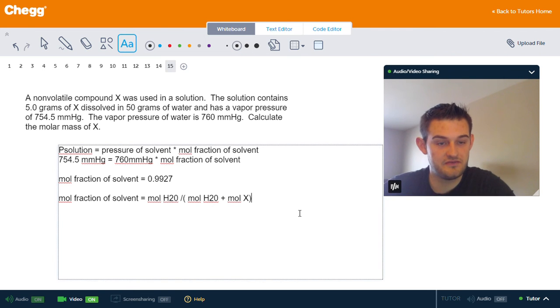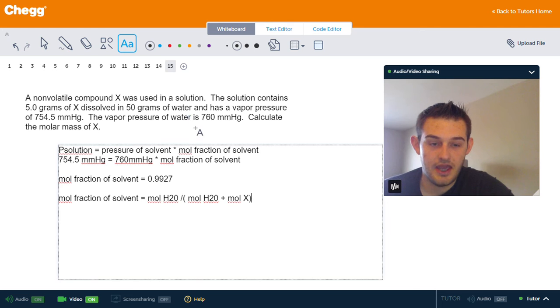So that's moles of H2O divided by total number of moles. Okay. So what we're going to do now is basically just solve this problem for moles of X because we know our mole fraction of the solvent, which is this number, and we know how many moles of H2O we have because we have 50 grams of water.